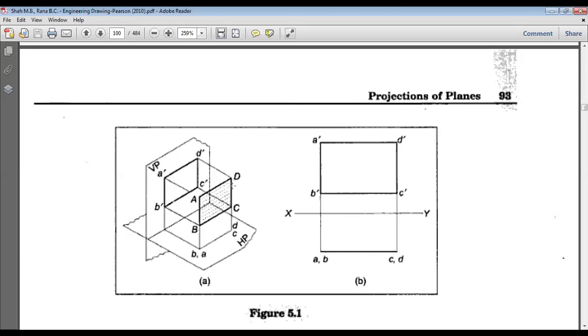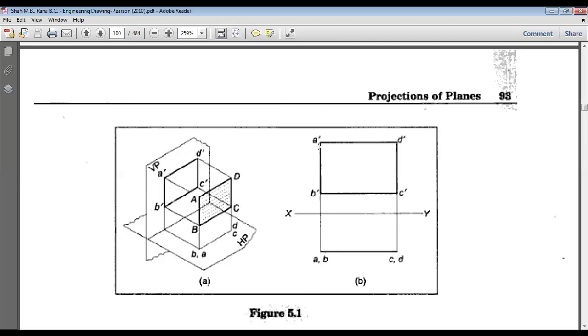When we look from the top view, the same figure ABCD, we will not see it. We will just see a straight line in the top view. In top view, this straight line comes in this position in the horizontal plane. So B and A come at the same point, and D and C come at the same point. That is what we have written here. This is A, B, C, D, and this is A dash, B dash, C dash, D dash.